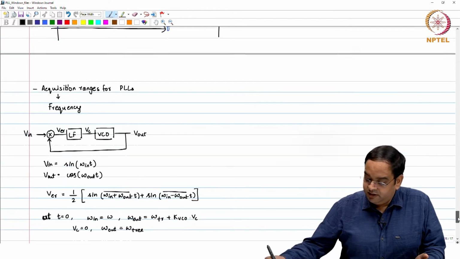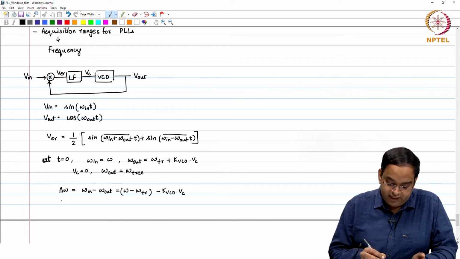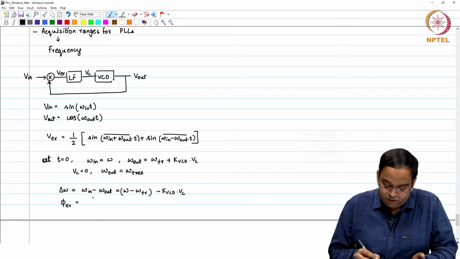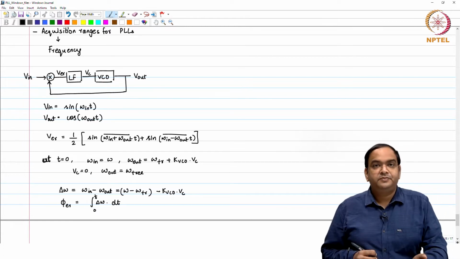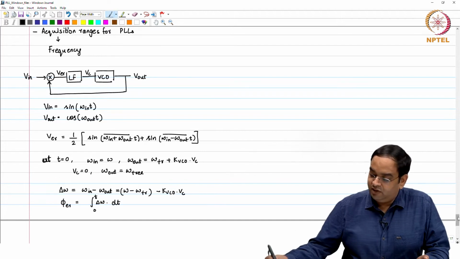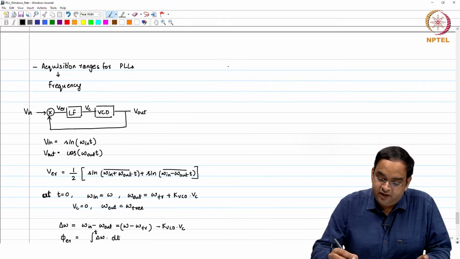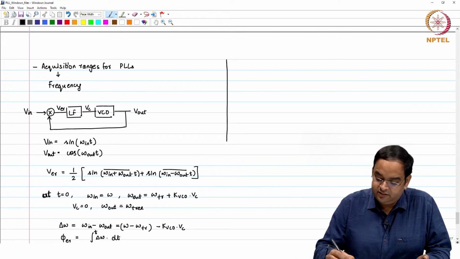Now, given this frequency error, we know that our phase error at any given time is equal to the integral of the frequency error with respect to time t. This is the phase error. So, let me work this out. What is the phase error here?